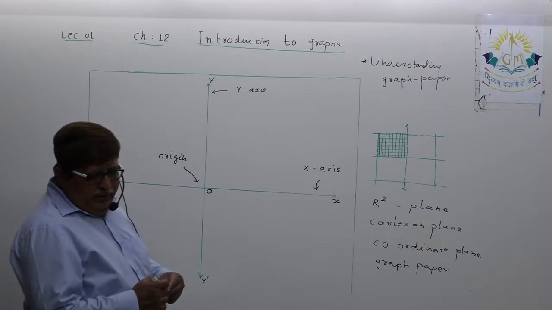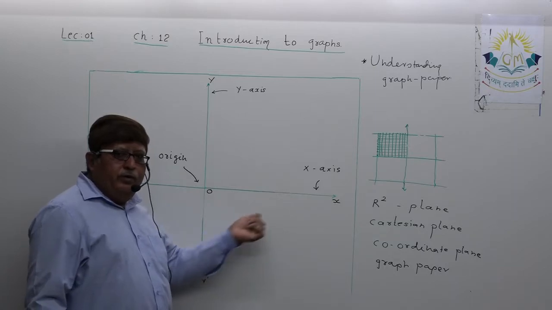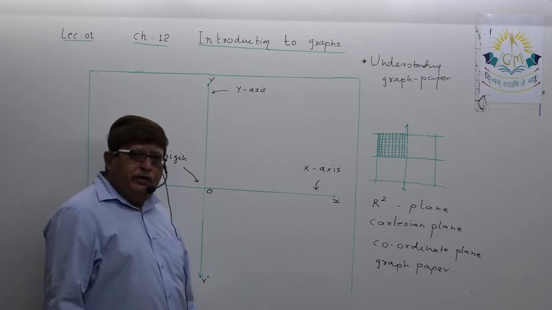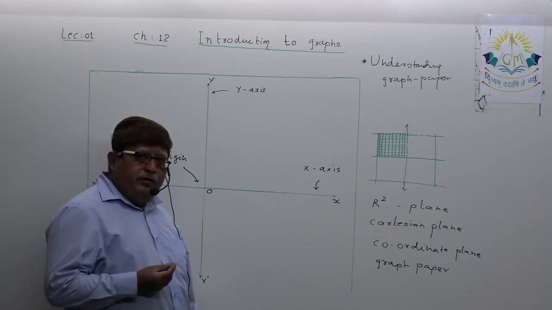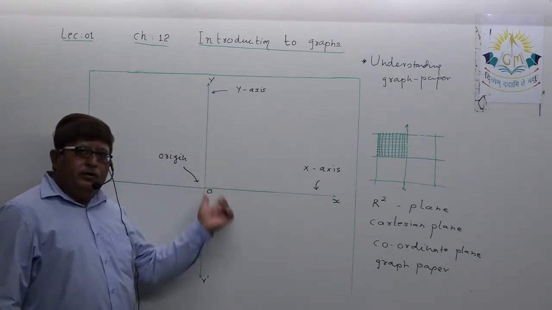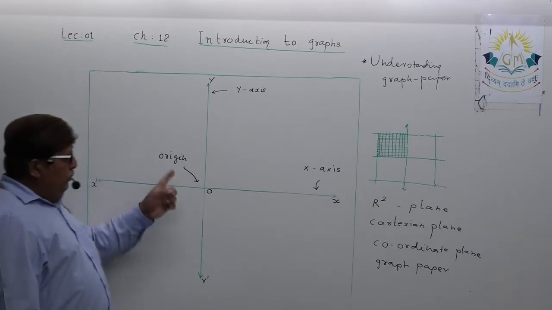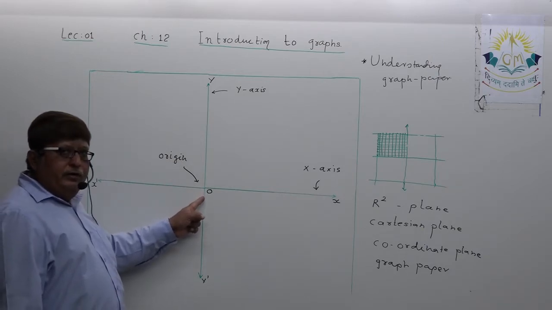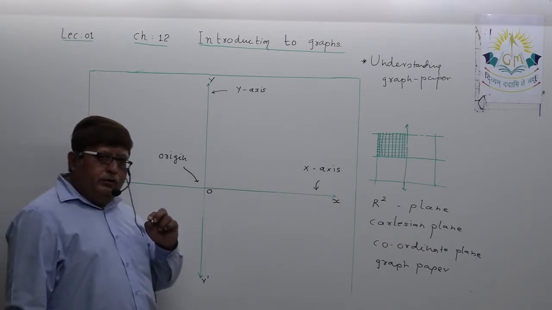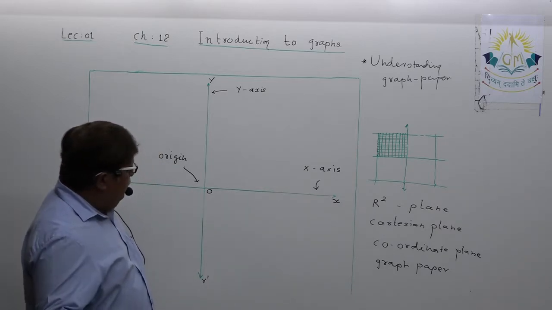Sometimes you may be asked in the exam: the intersection of x-axis and y-axis is known as dash. The intersection of x-axis and y-axis, which we also may call coordinate axes, is known as origin. Both the coordinate axes are intersecting at point O. So point O is known as origin. You understood this?